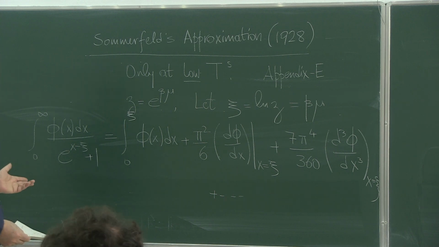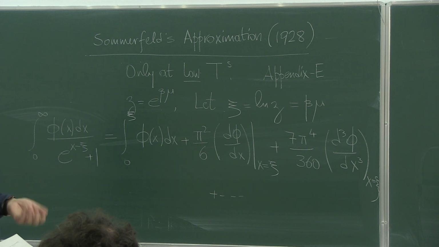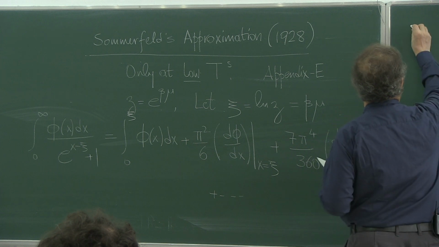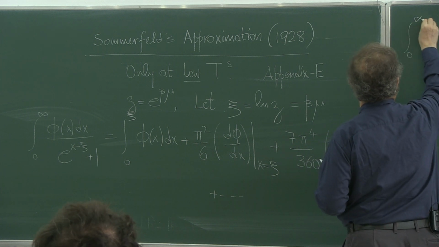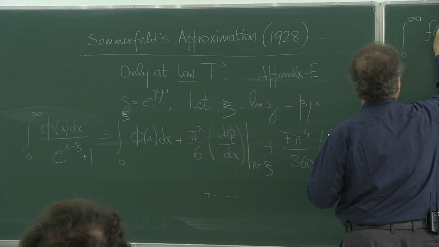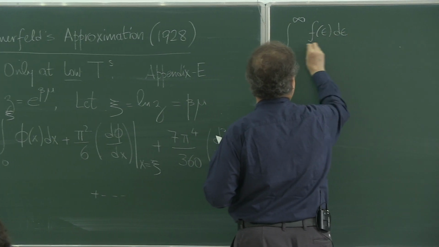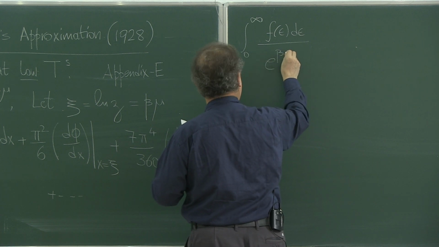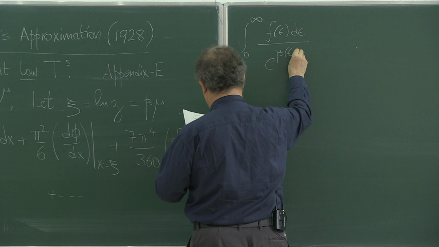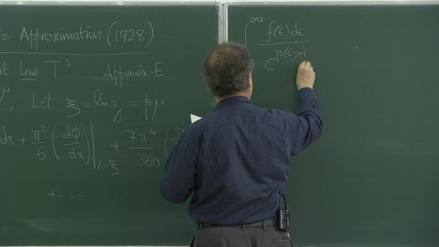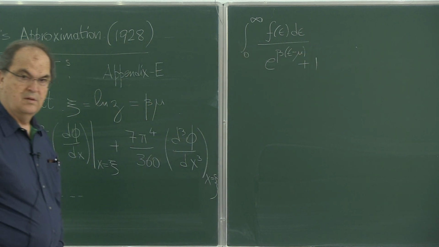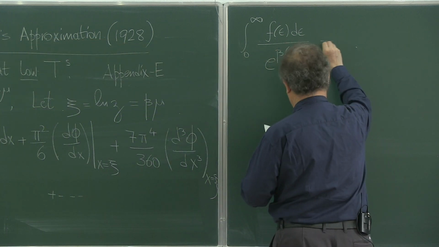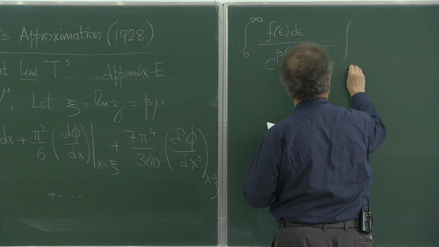Well, this is kind of a transformed form. A better form can be written in this way. Anything multiplying the Fermi-Dirac distribution function, integrated from 0 to infinity, can be approximated by this expansion.